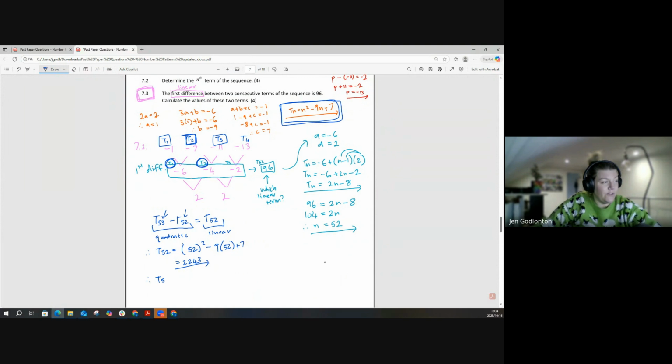And term 53 is equal to 53 squared minus 9 times 53 plus 7, which gives us 2339. And those would be our two terms.